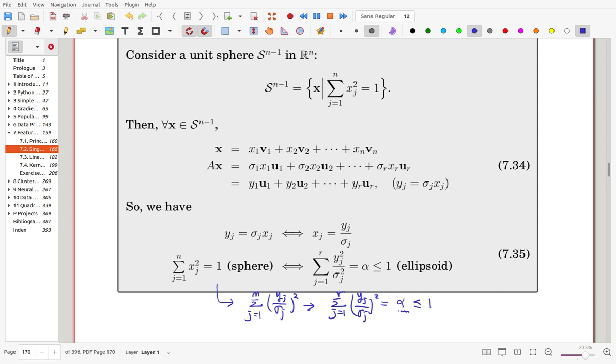This is a constant, and this will make an ellipsoid. So after the transformation, the unit sphere will be changed into an ellipsoid.